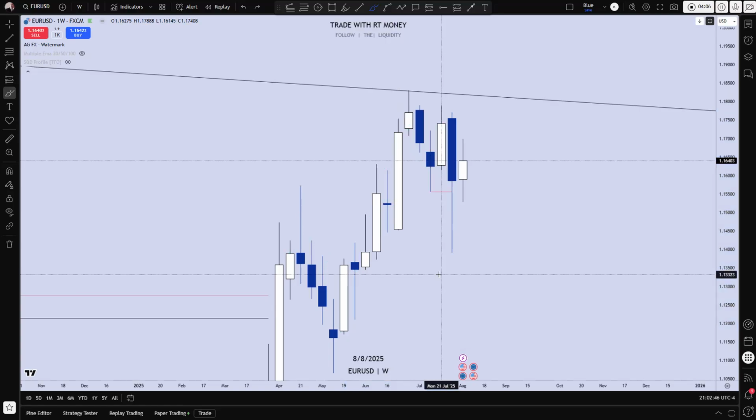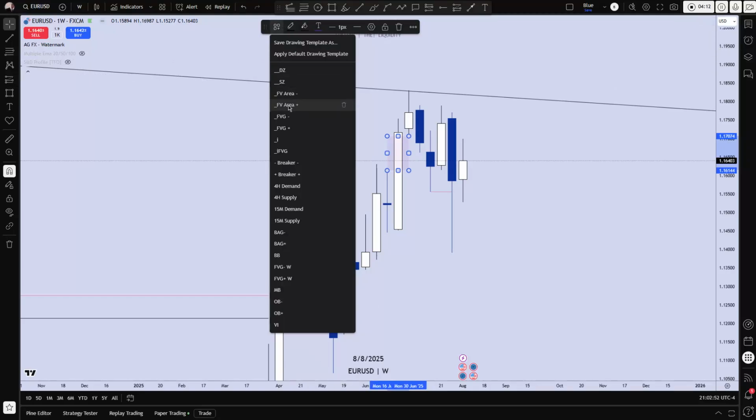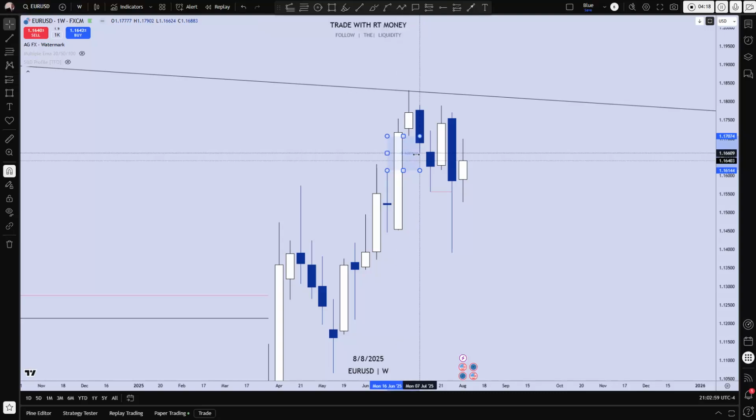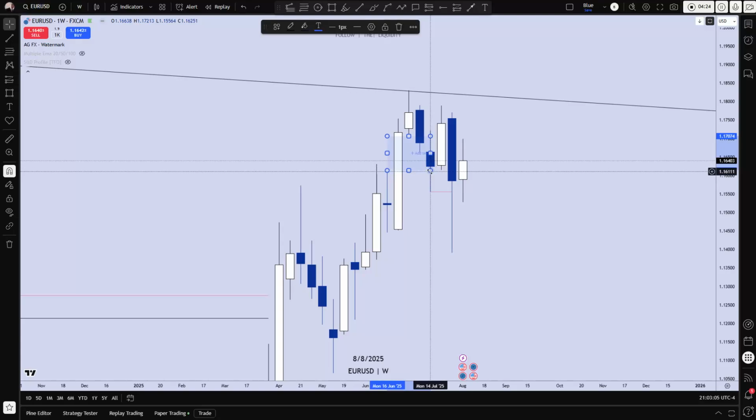But what I want you to see in this is this bullish fair value gap here. That is a bullish fair value gap. If I can draw it right, I'll be all right. And we can see these down close candles pushed into it, even pushed past it, but did not close past it.